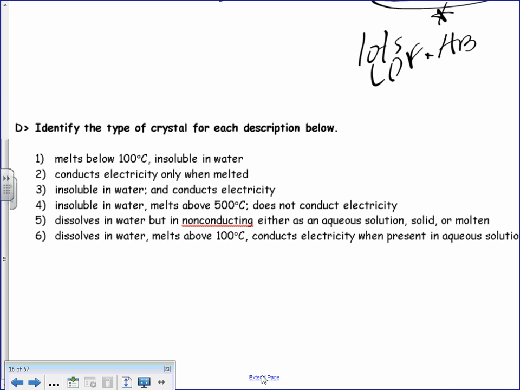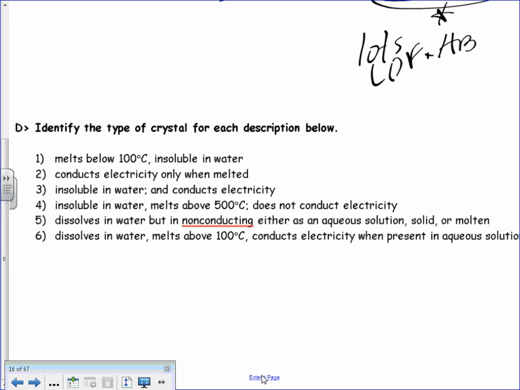Melts below 100, insoluble in water. What kind of compound? Nonpolar molecular, because it's a molecular solid. Your options are ionic, metallic, molecular polar, molecular nonpolar, and network. So there are 5 options here.